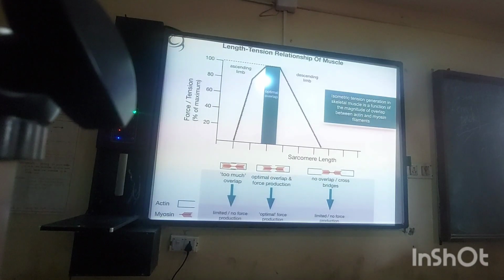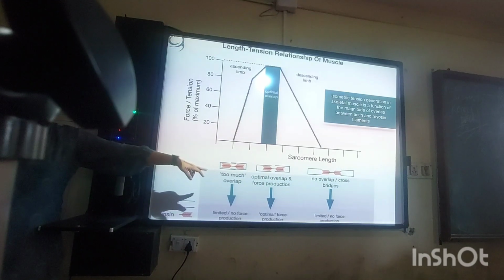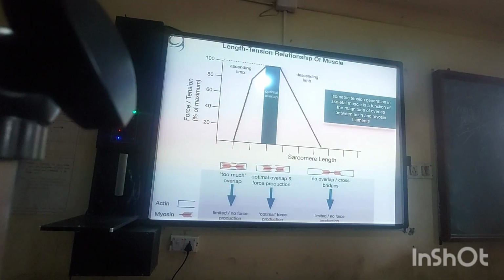If they are available, then only this overlap will be possible. They make sure that the actin filaments are all being occupied well by the myosin. If these proteins are not available, this optimum force production will not be possible, which can be seen in cases of muscle dystrophy. If there is any pathology related to muscle, this optimum length curve will not be achieved.